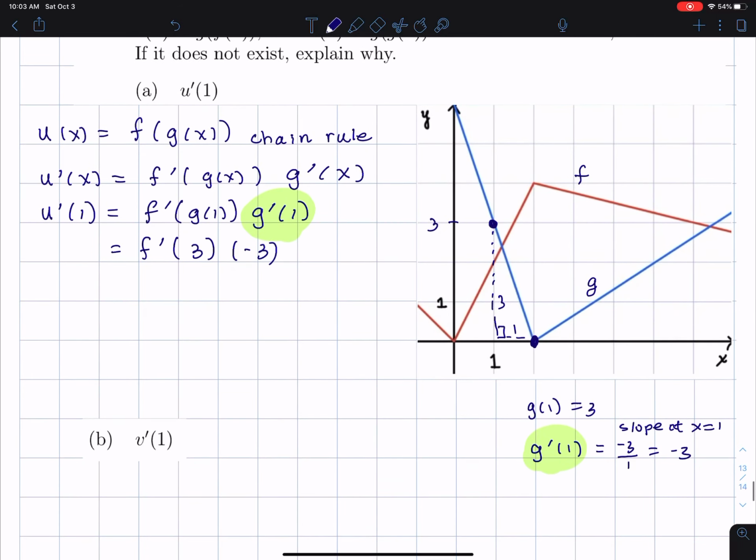Now I do the same sort of thing for f prime of 3. I'm going to look at the line which is in red for f at x equals 3, and at 3, f is not passing through a point that has integer values for its coordinates.